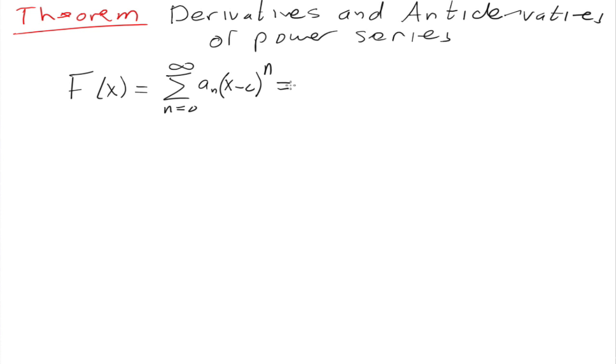Let me write out a few of the terms so that it's a little easier to see. What does the first term look like? If I just start writing them out: a sub 0 plus a sub 1 times (x minus c) plus a sub 2 times (x minus c) squared plus, and so on and so forth, right?